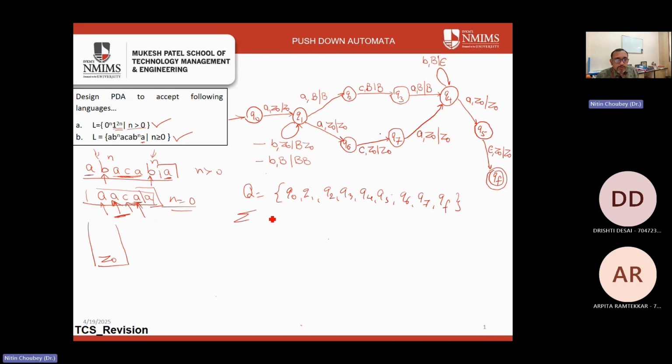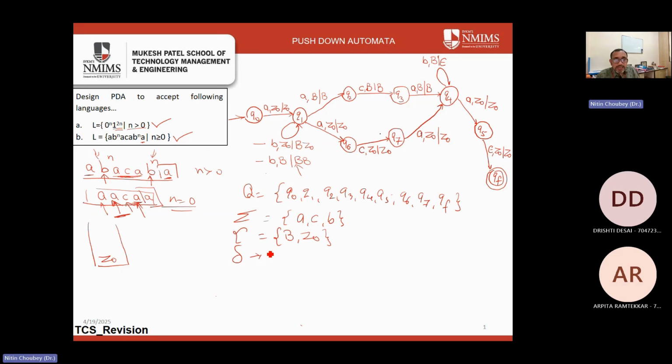Sigma, the input symbols, is what? A, C, and B. These are the input symbols, a finite set of input symbols. Tau is what? We are just using one stack symbol, capital B, apart from Z0. So capital B, Z0 becomes our tau. Delta is similar to the previous example.